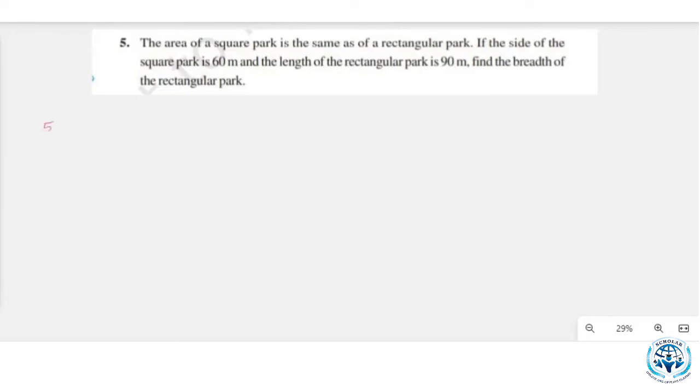If the side of the square park is 60 meter, length of the rectangular park is 90 meter. Find the breadth of the rectangular park. Area of a square park is equal to area of a rectangular park.